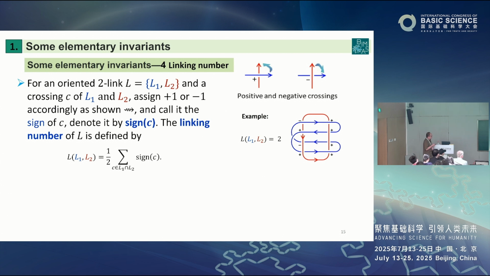This intersection we call positive, and in this way we call negative. We call it the sign of the crossing C, denoted by this. The linking number of L is defined as half of the sum of all the signs.